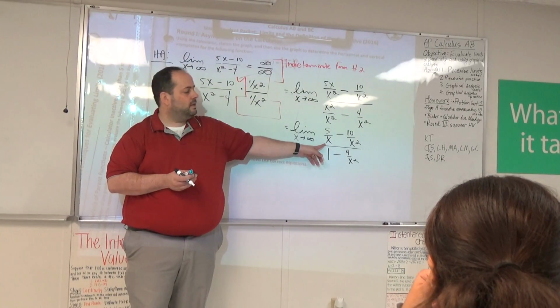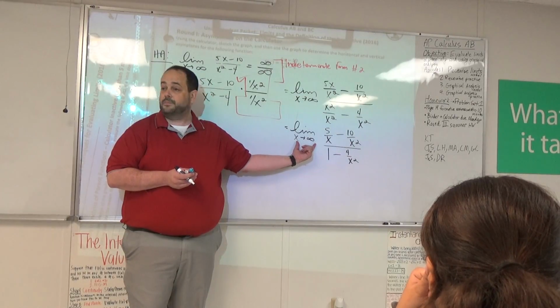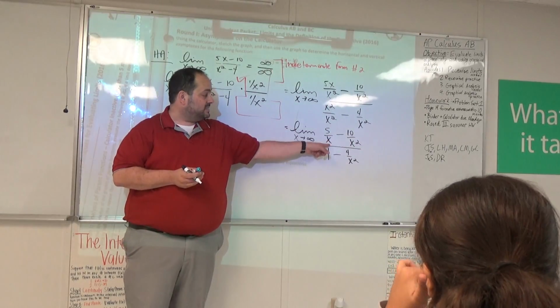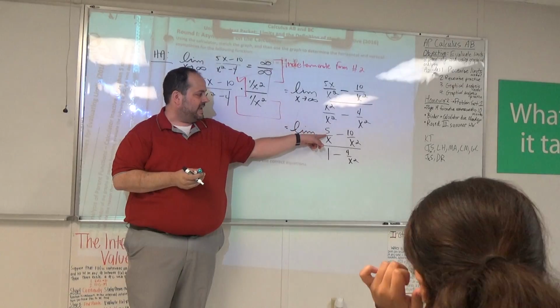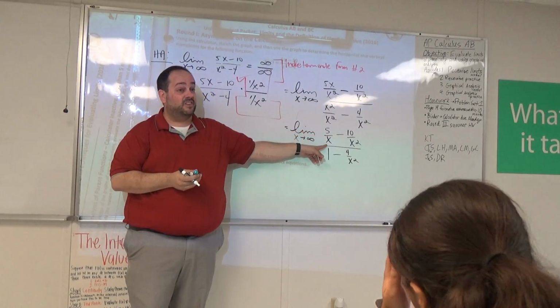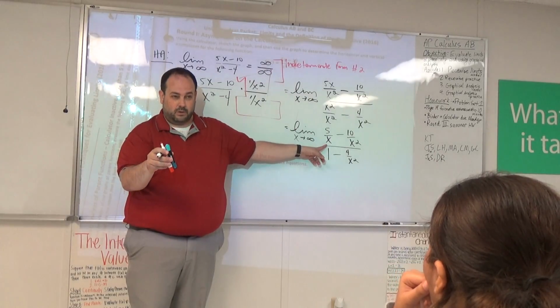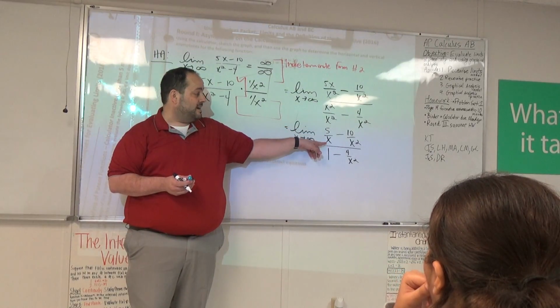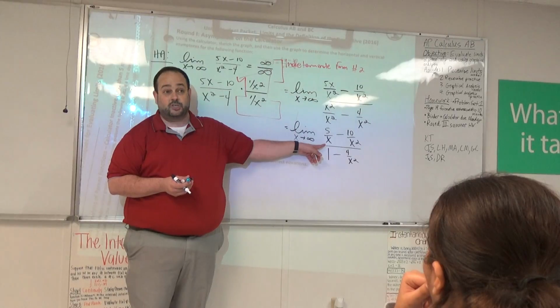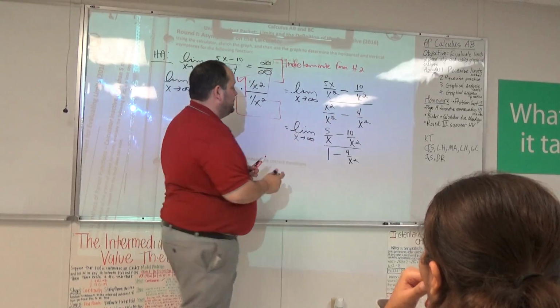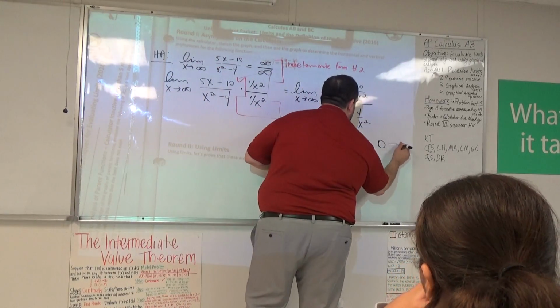What do you think? If x is approaching infinity, 5 is getting divided by some number that's approaching infinity. It's going to get closer to 0. Everybody okay with 0? 5 candy bars divided by my infinite number of friends, we get chocolate dust. And yes, I have no friends, I know.